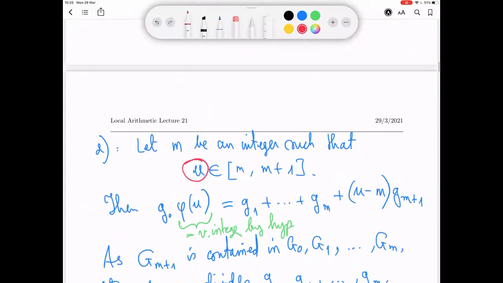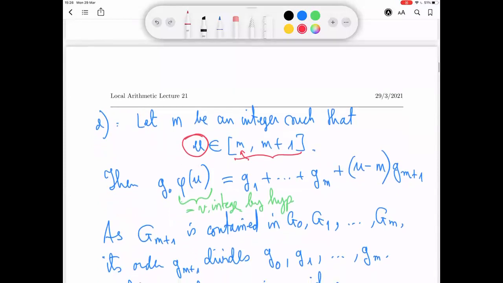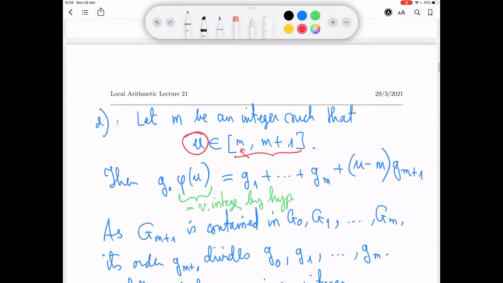We have to prove that u is an integer, but in general it has to lie in some interval, between an integer m and m plus 1, right? Now we know how to compute phi of u for something between m and m plus 1.